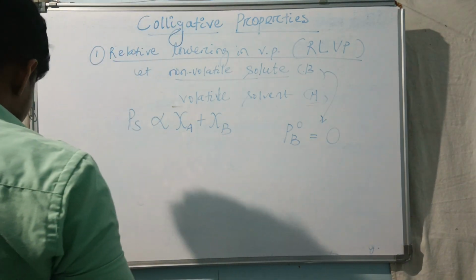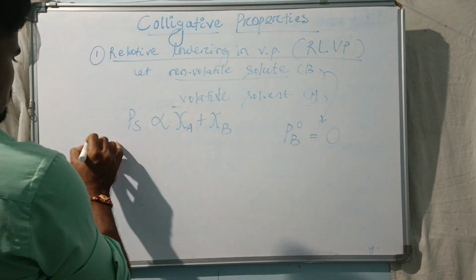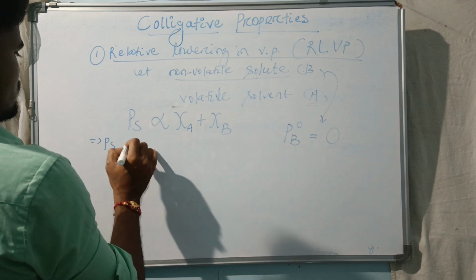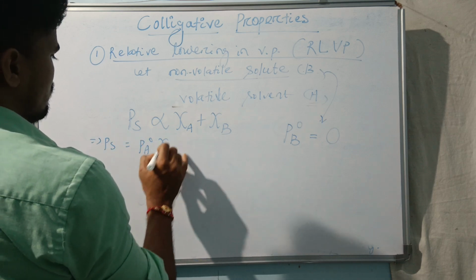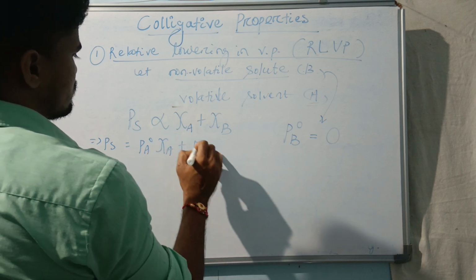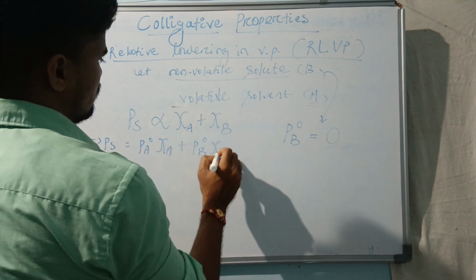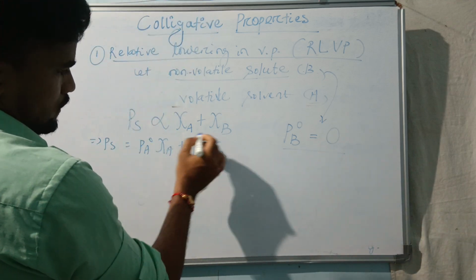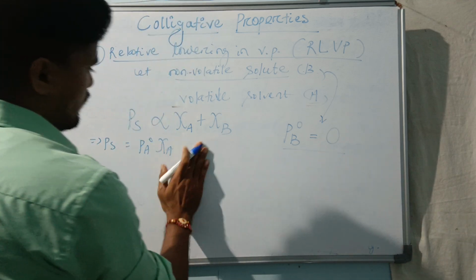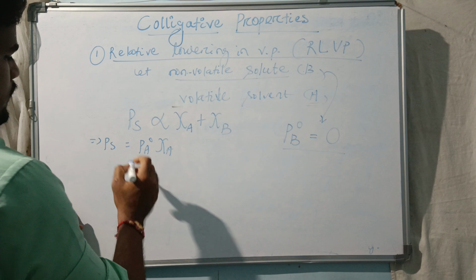Now PS is equal to PA naught chi A plus PB naught chi B. As the second term is 0, only PA naught chi A is left.